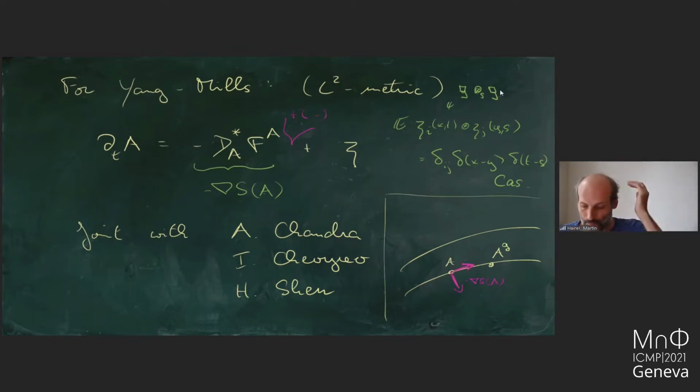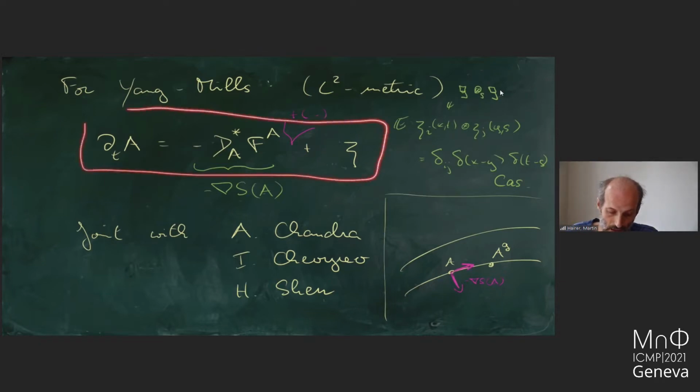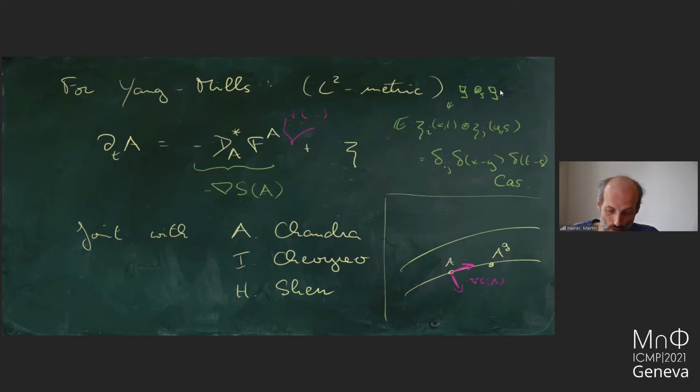In particular, one can check, it's a somewhat easy calculation, that at least formally, if you take this equation and start it from A, or from another point AG on the same gauge orbit, the two solutions should be equivalent in law.